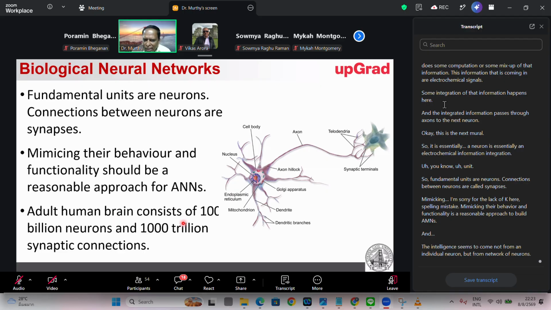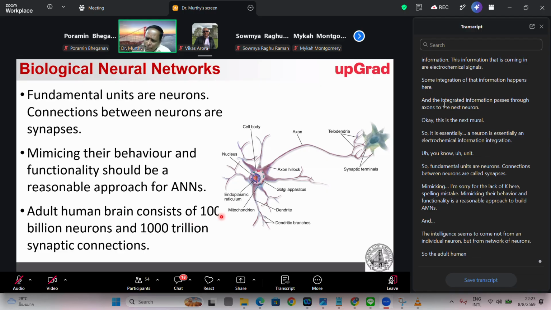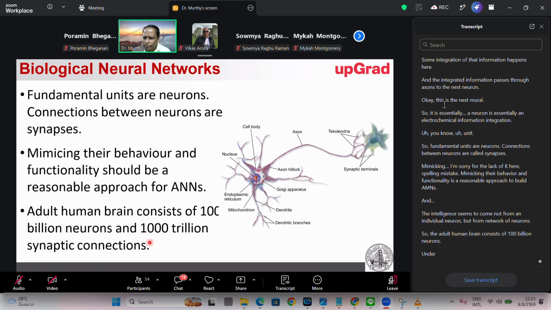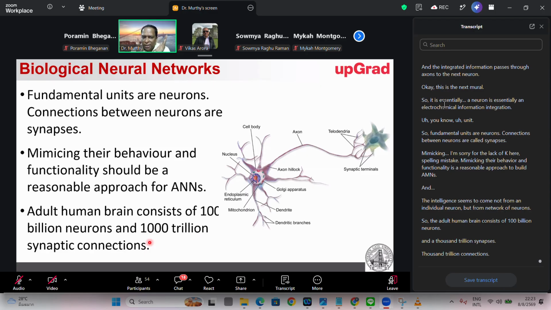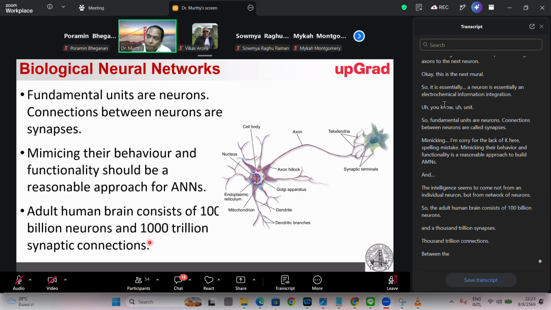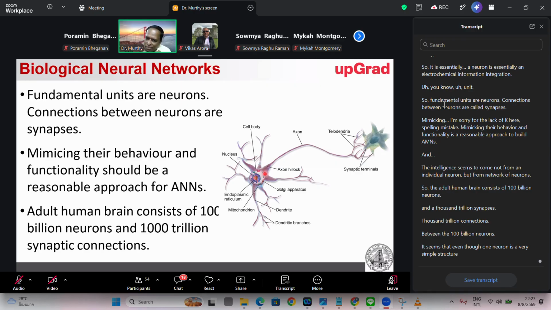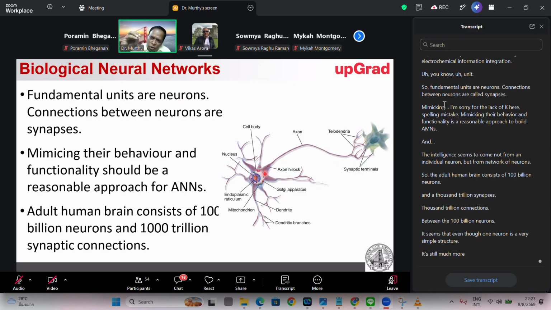So the adult human brain consists of 100 billion neurons and 1,000 trillion synapses, 1,000 trillion connections between the 100 billion neurons. It seems that even though one neuron is a very simple structure, it's still much more complex than an artificial neuron.